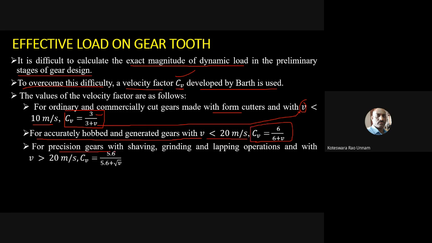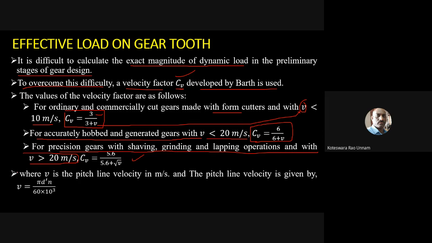Then for precise gears with shaving, grinding and lapping operations and with V greater than 20 meters per second, CV is taken as 5.6 divided by 5.6 plus square root of V. In all these cases, V is the pitch line velocity, which should be expressed in meters per second. That is an important thing.